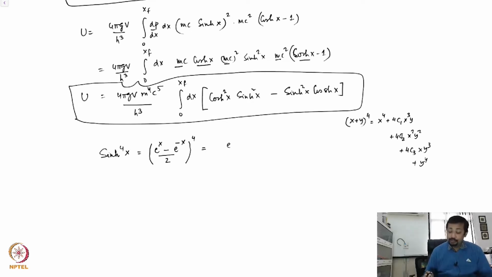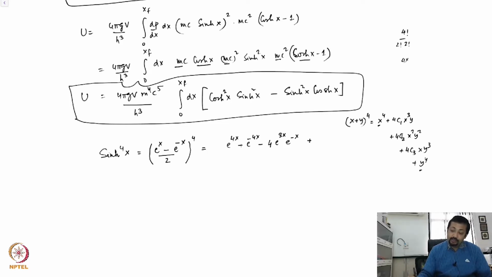We're just going to use this one. So e to the power 4x, which is this term, plus e to the power minus 4x. 4c1 is 4 factorial divided by 3 factorial, which gives you a 4 here. x cubed is e to the power 3x, y is minus e to the power minus x, so you have minus e to the power 2x. Here 4c2 is 4 factorial divided by 2 factorial divided by 2 factorial.